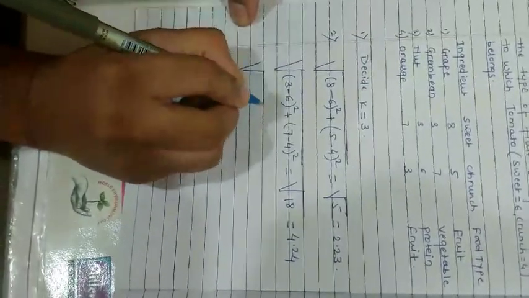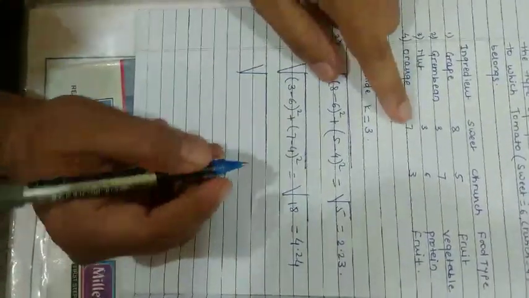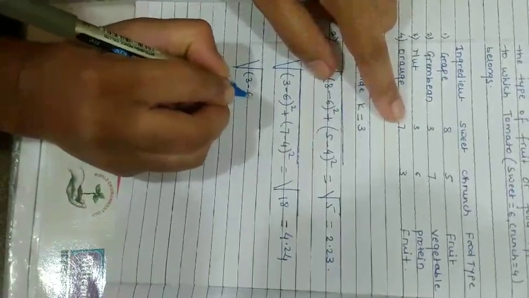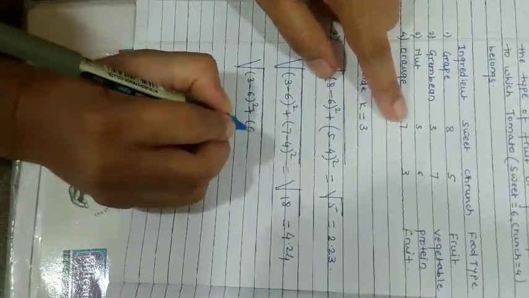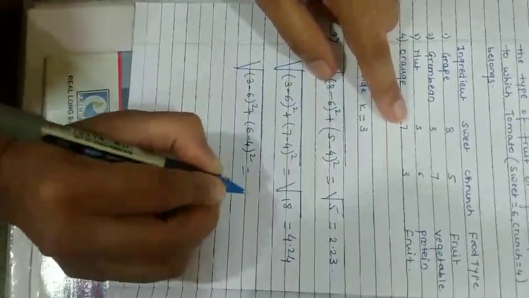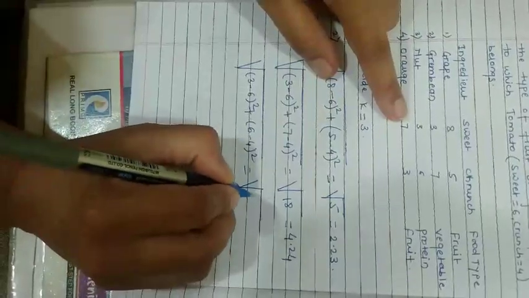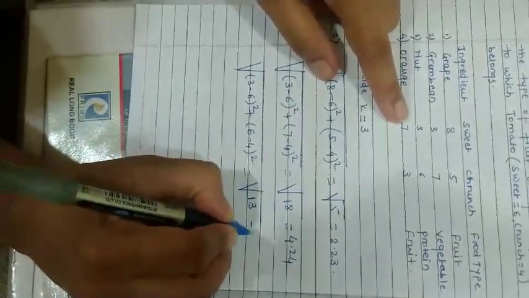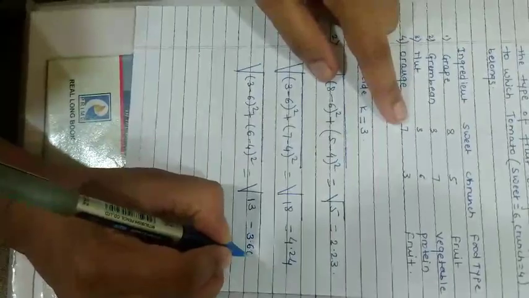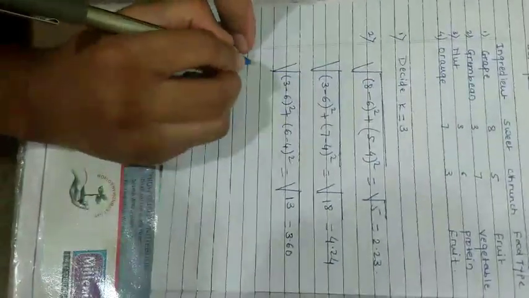Now calculate the Euclidean distance of instance 3. So 3 minus 6 square plus 6 minus 4 square. So for this 13 will be the value and the answer for this will be 3.60.